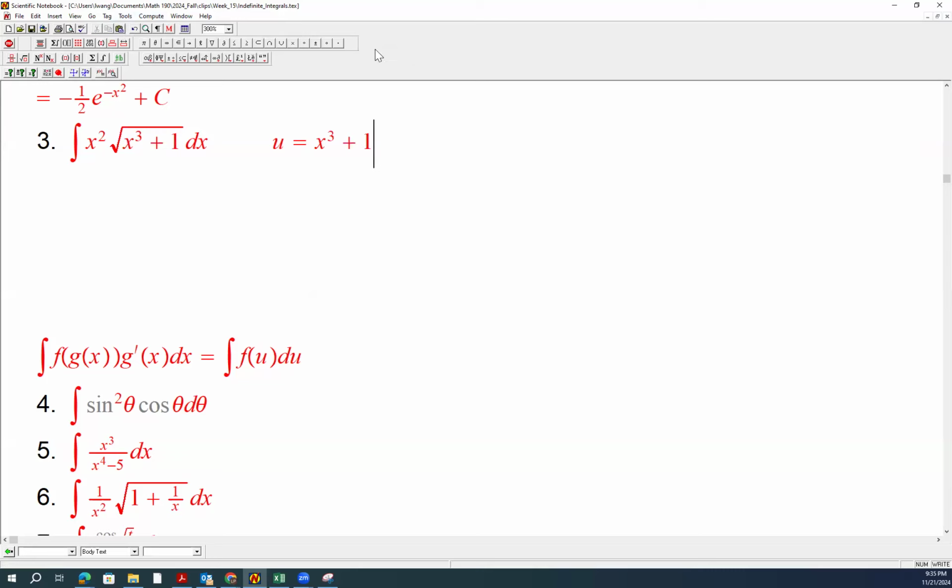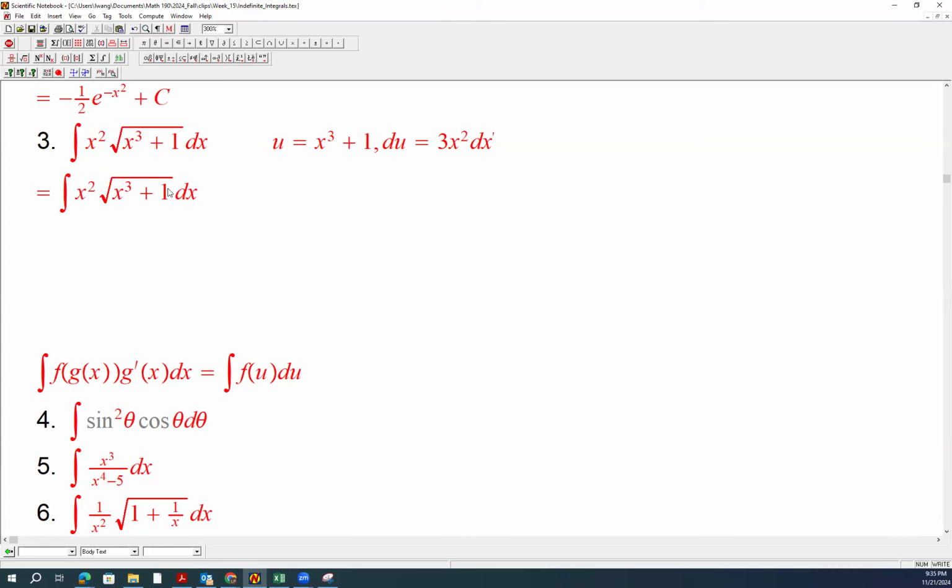So now I'm going to show this part, and the derivative of u would be 3 times x squared dx. All right, so you can see we have a square root of u. The next step we're going to do our substitution. So this will be square root of u, x squared times dx.